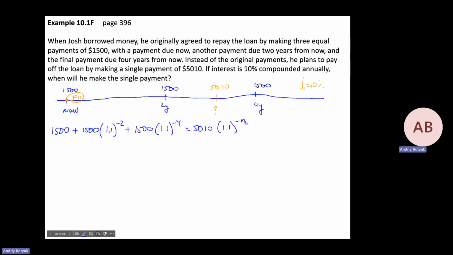Let's calculate. So 1,500 plus 1239.67 plus 1024.52 equals 5,010 times 1.1 to the negative n.